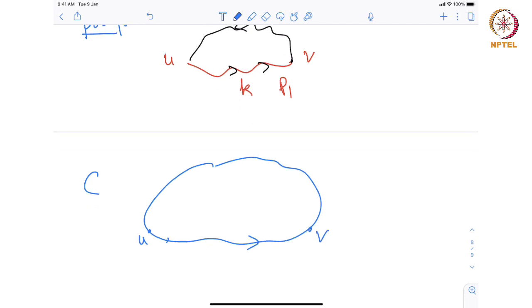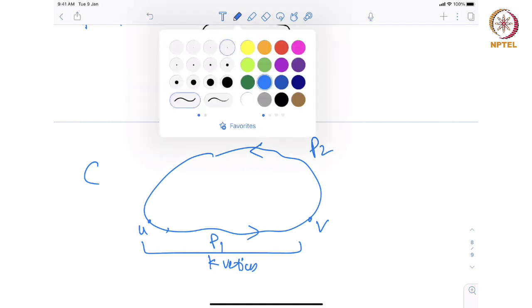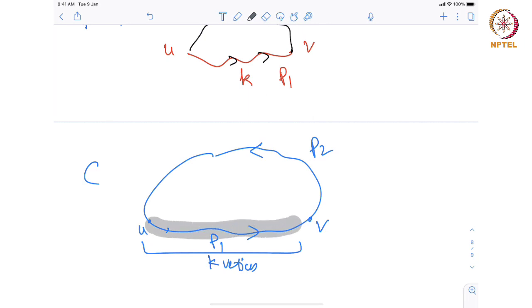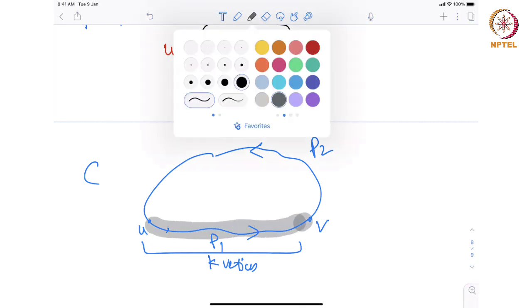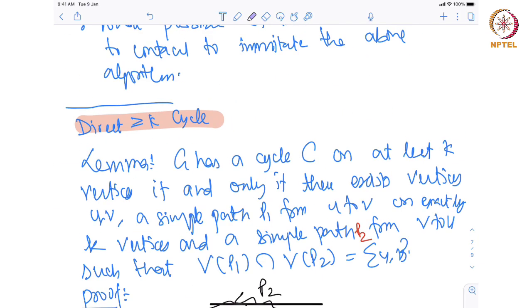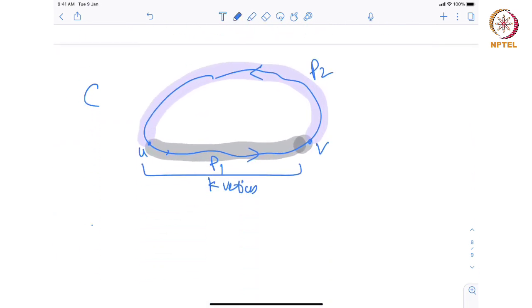This length is exactly k vertices, u to v, call that P1, and take the remaining part of the cycle as P2, that is it. So, if we have a cycle, we can find such paths, and the backward direction is also obvious.